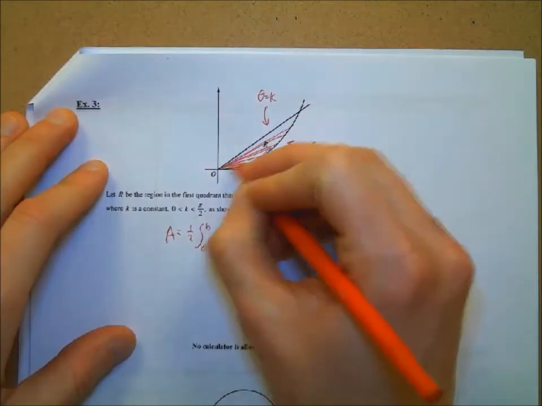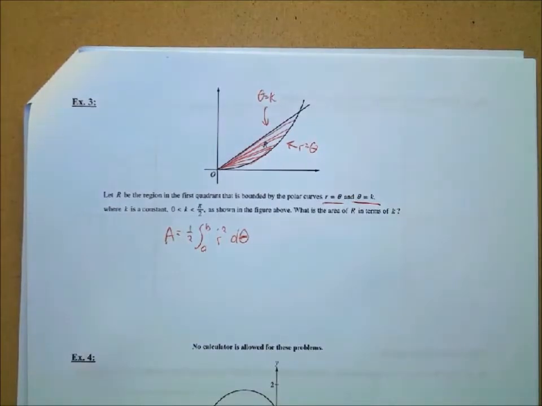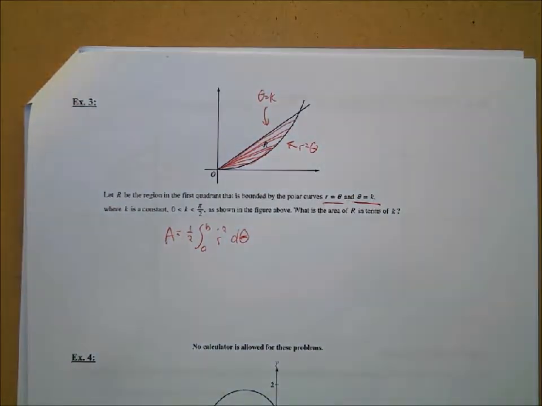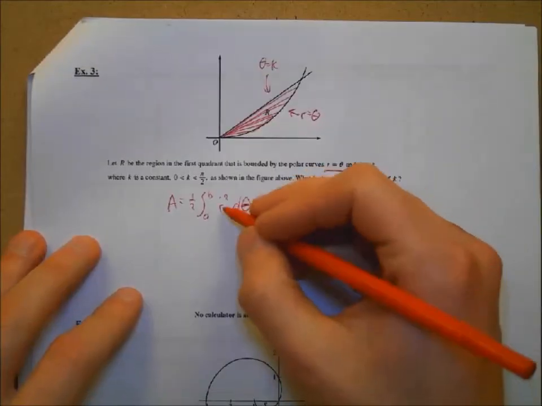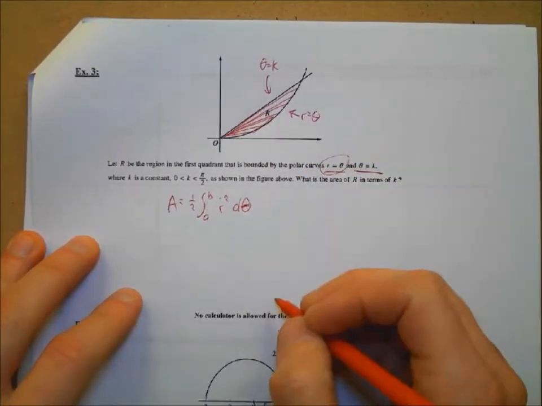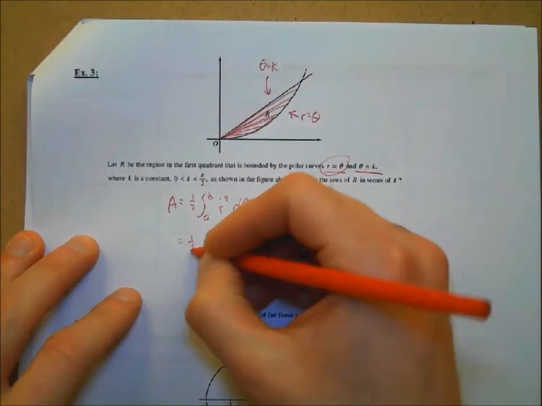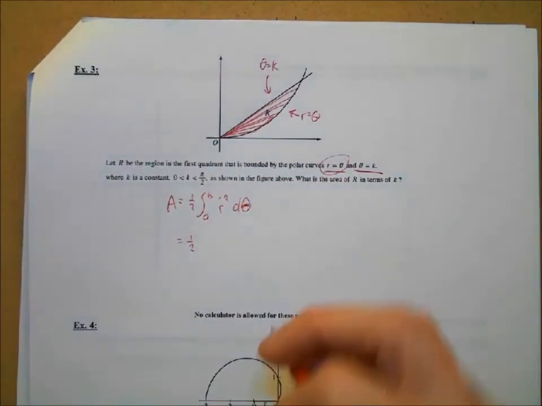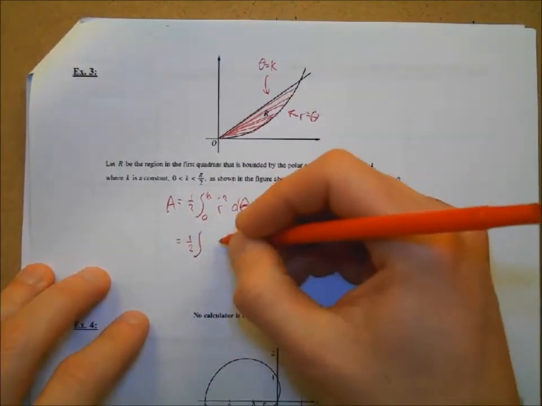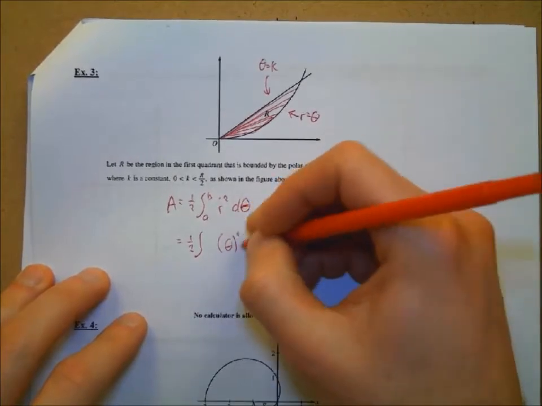So what curve here is determining our radius? The r equals theta. Exactly right. So r is just theta in this case. We will be talking later about how to find the area of a region between two curves, but right now it's just going to be theta squared d theta.